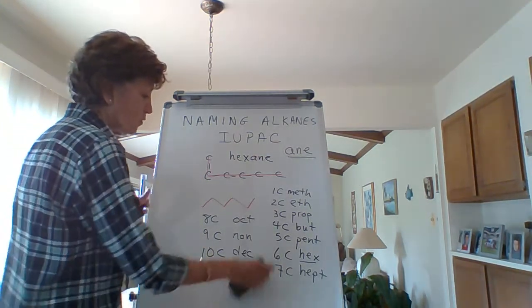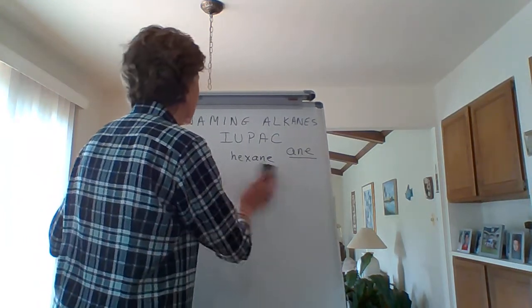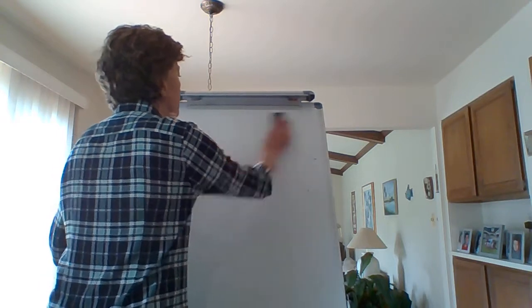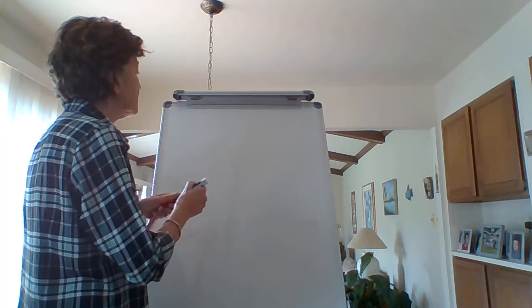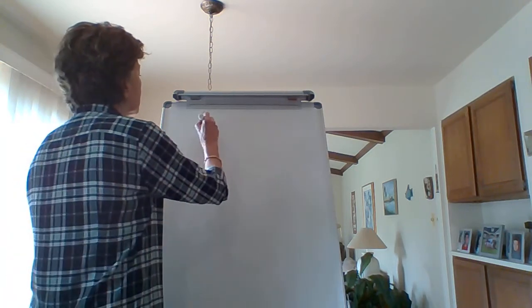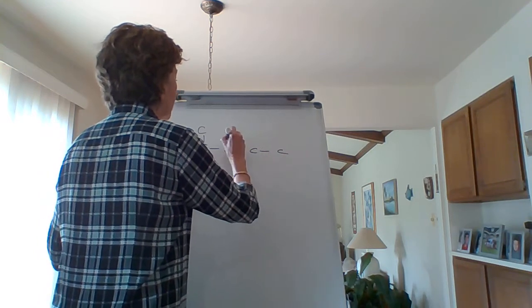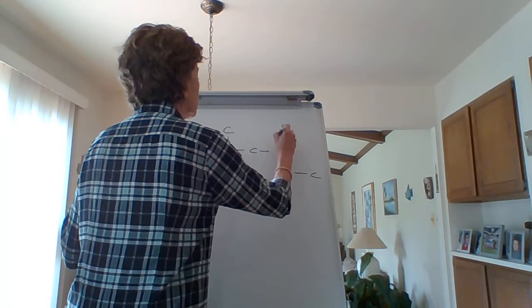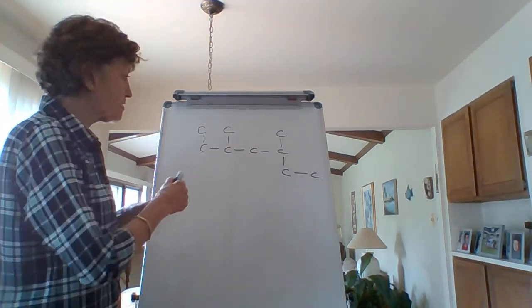All right, so there are a whole bunch of rules, by the way, so hang in there. Whole bunch of rules for this. But the first rule is to find the longest parent chain. So if I had something like this, pretend all the hydrogens are there. All right, this is just a skeletal structure.